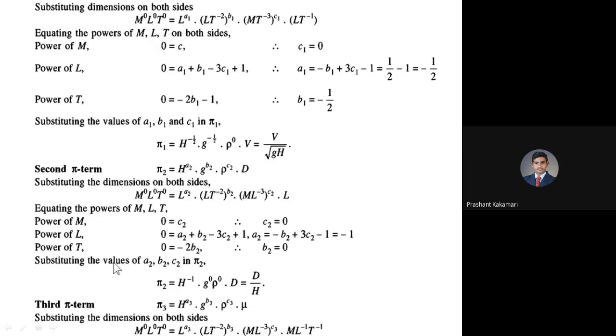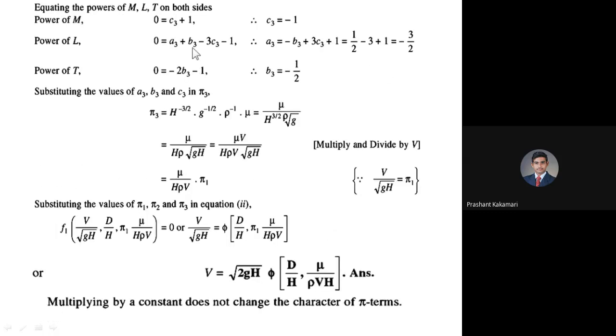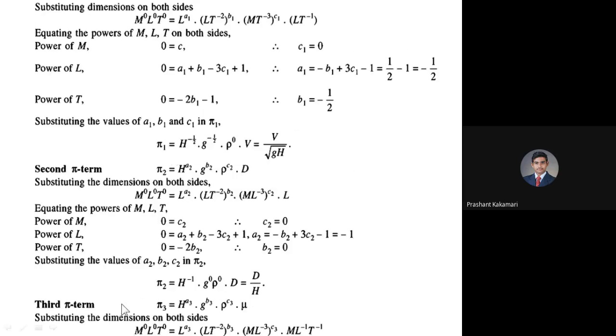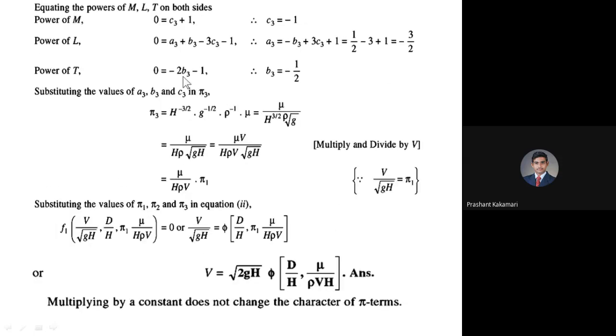Similarly for L, 0 equal to a3 plus b3 minus c3 minus 1. Next is for T, time. So from the pi 3 term, 0 equal to, focus on the powers of T, minus 2 b3 minus 1.